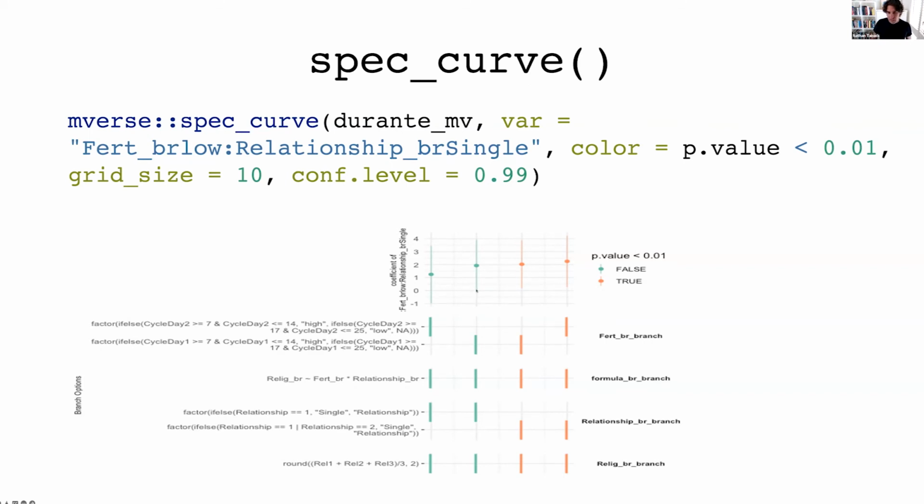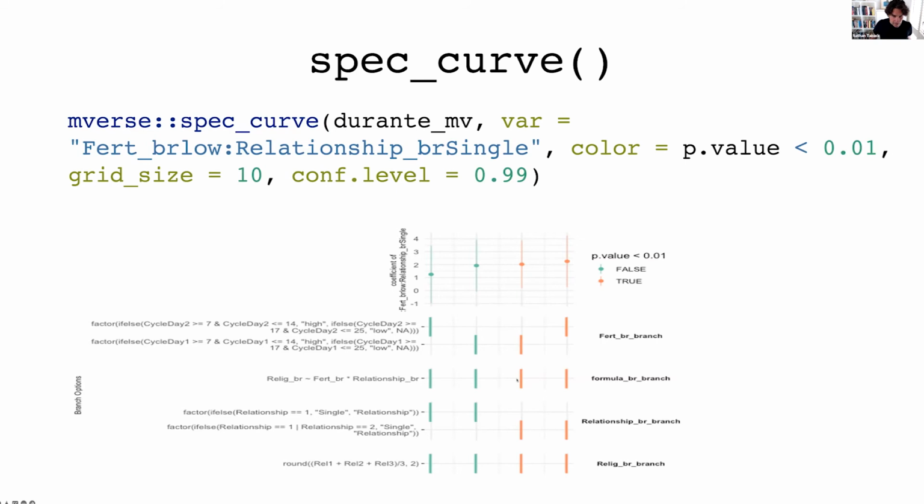And what we see here is that two of the data processing choices, so if you use the cycle day 2 with relationship categorized as just 1, then that ends up with a non-significant interaction coefficient. And then again, basically almost the exact same model, but with cycle recorded as that, then again, it ends up with a non-significant coefficient.